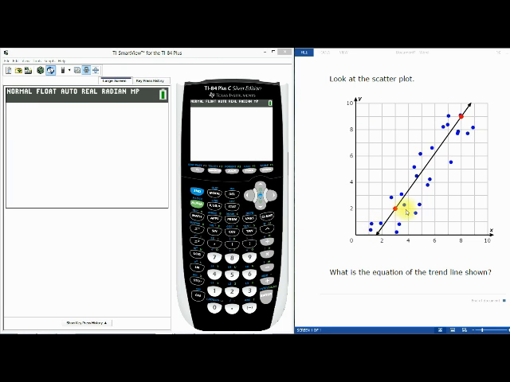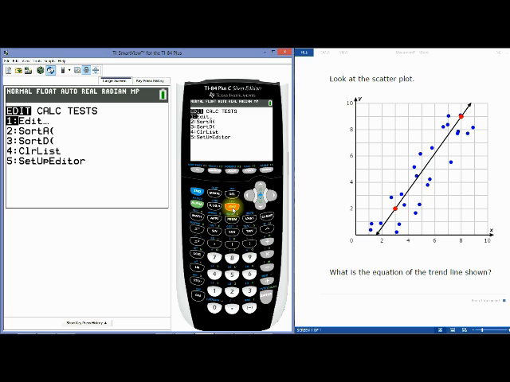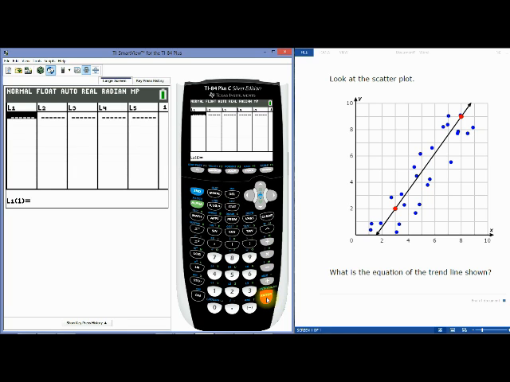We're looking at the point at 3, 2, and the point at 8, 9. The first button I'm going to push is stat, and I'm going to push enter because I want to put this in our X, Y lists, L1 being the X list, L2 being the Y list.